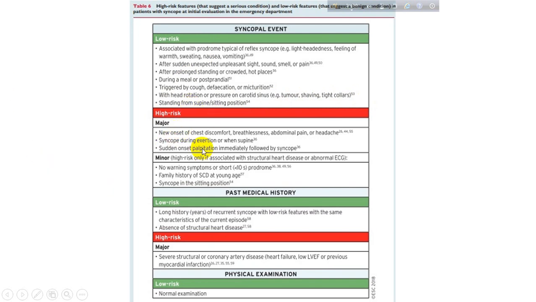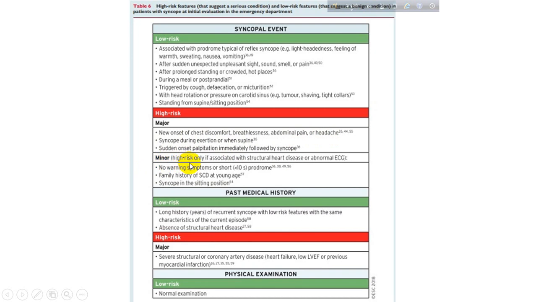And which are high risk? There are two types, major and minor. Major are new onset of chest discomfort, breathlessness, abdominal pain, and headache. Syncope during exertion or when supine. Sudden onset of palpitation immediately followed by syncope.